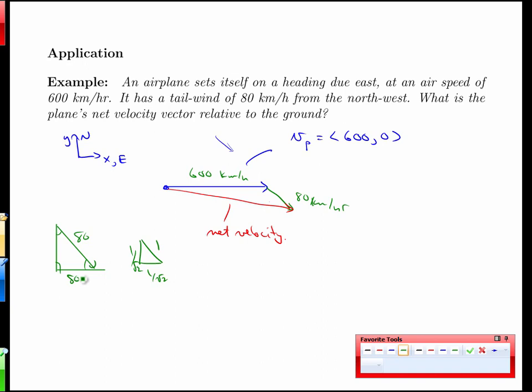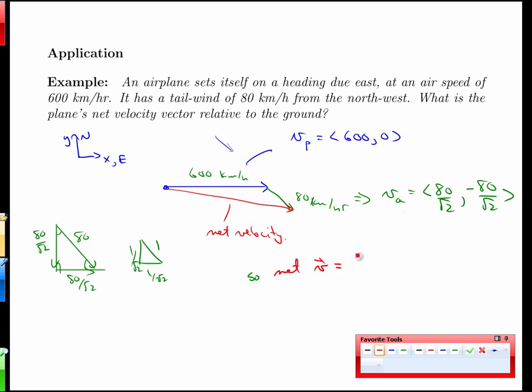So these two sides would be negative 80 over root 2 and positive 80 over root 2. The velocity of the air is defined by the components: x positive, since we're moving to the right, so 80 over root 2, and the y component would be negative because we're heading downwards, opposite of north, with a magnitude of negative 80 over root 2.